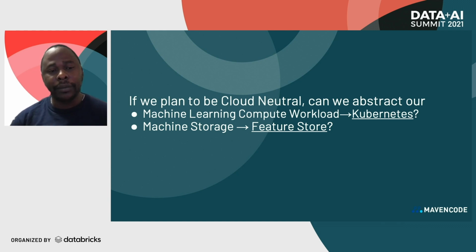We thought about abstracting our compute workloads to run on Kubernetes. And for our ML workloads, we thought about building everything on a feature store, so that no matter where the data is coming from, if we have it in a feature store, every data scientist or ML engineer on the team can pick up the features they need and use the compute on the Kubernetes environment.